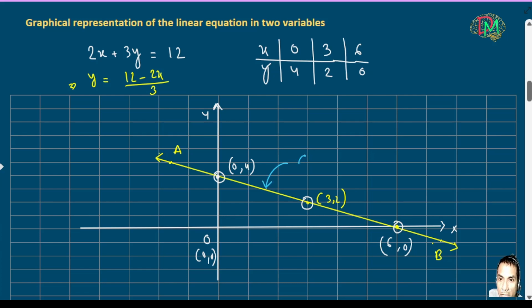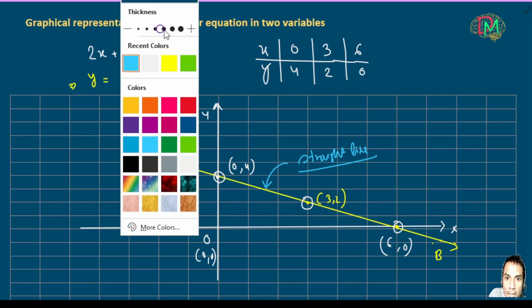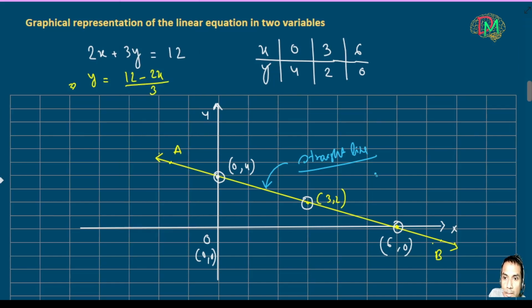So it is a straight line. So we can say that this given linear equation represents a straight line. Clear? That is 2x plus 3y is equal to 12, represented by this yellow line, and it is a straight line.